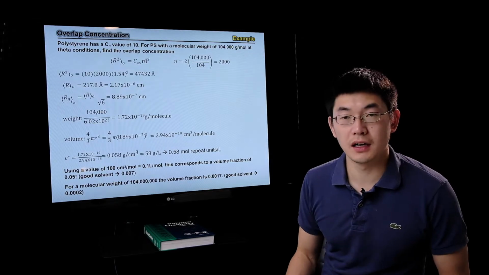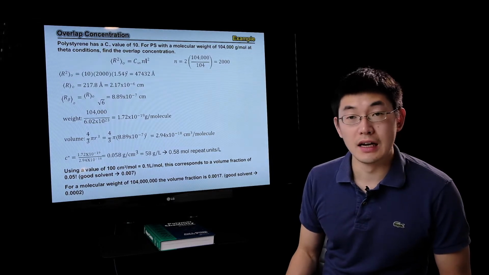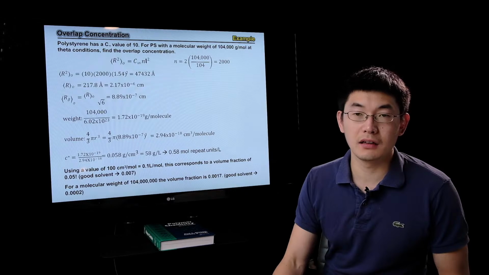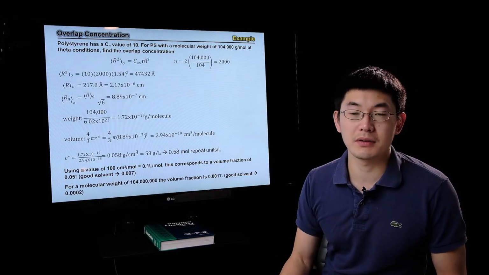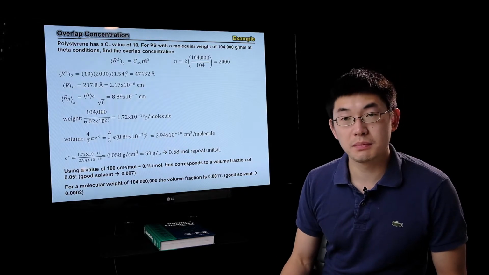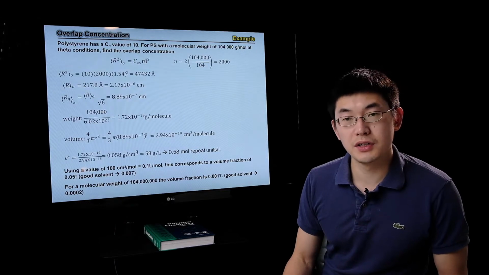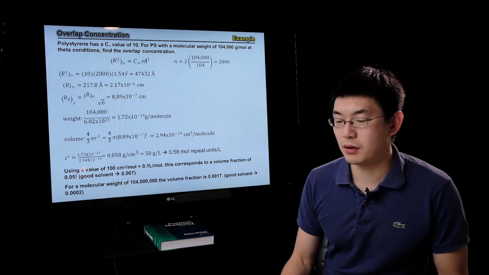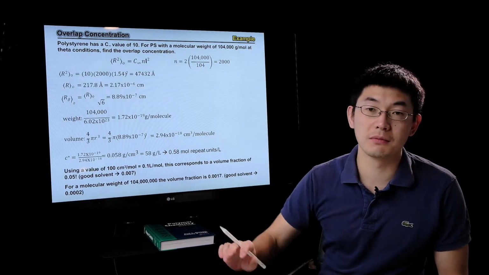It's the other textbook I suggest in the syllabus, and in that textbook they dedicate one chapter to discuss what happens in the concentrated region. Especially in the concentrated region, you have different polymer coil size and conformation.